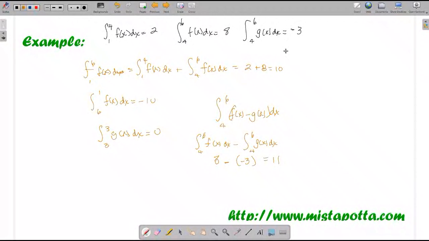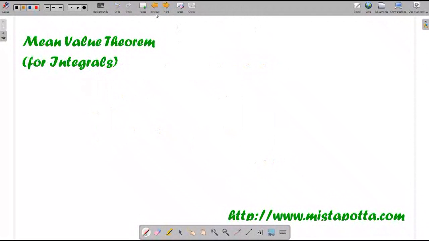The other thing that I wanted to talk about is the mean value theorem. We've been discussing the mean value theorem throughout our calculus class.